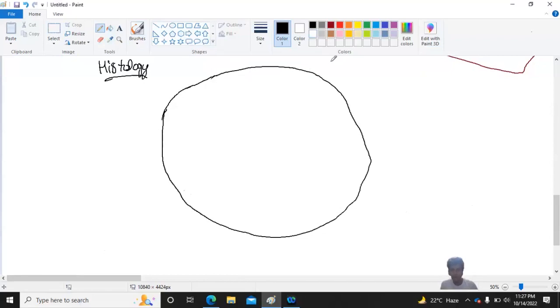Then one is the outer layer, which is called serosa. In the esophagus, it is also called adventitia, because there is no peritoneum present. If peritoneum is present, it is called serosa. If not, then it is called adventitia. Serosa if peritoneum present.